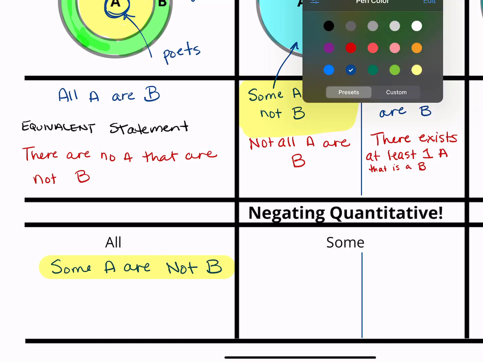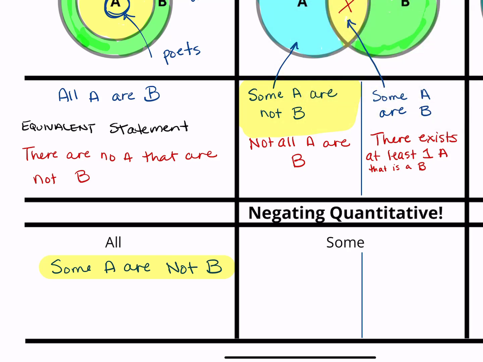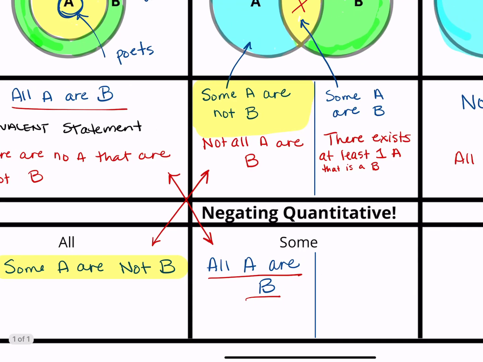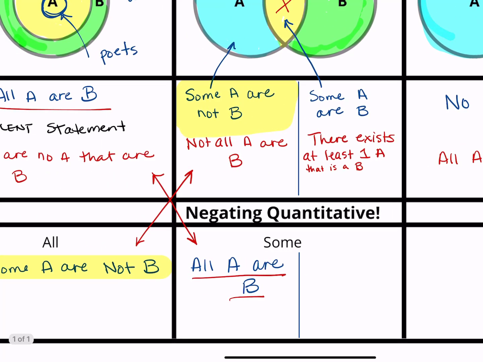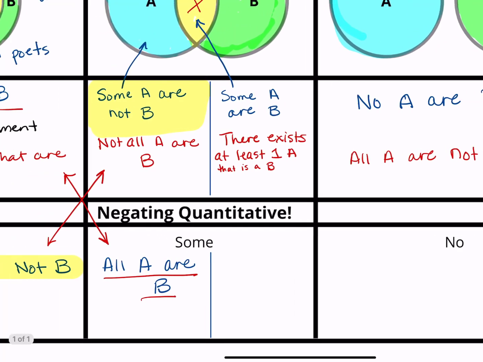If you guessed all A are B, you absolutely have it right. We know that because this statement and this statement are the same. We've had some crossover between these two sides, so now we have to look at the crossover of the other two sides. That's why I wrote them in that specific order.